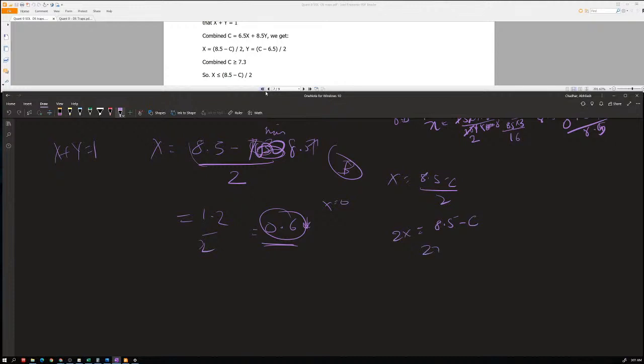So 2x minus 8.5 is equal to 2 minus c, or c is equal to 8.5 minus 2x. This is the equation they got from somewhere. Okay, they got it from the fact that x plus y is equal to 1, I guess. If x plus y is equal to 1, then how do we get this?